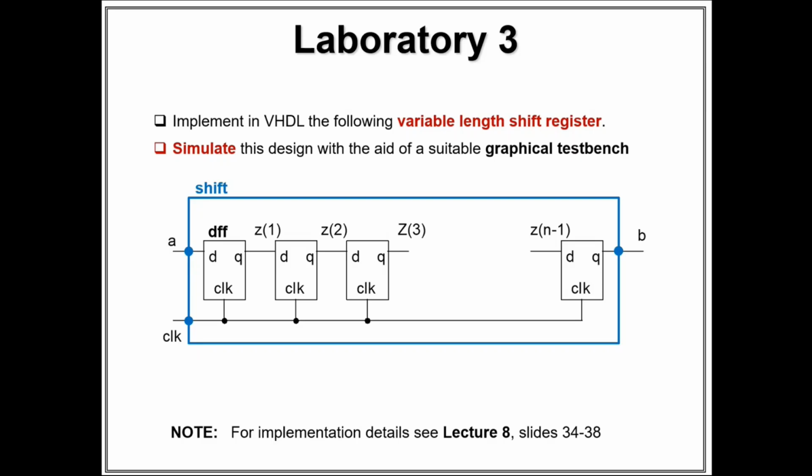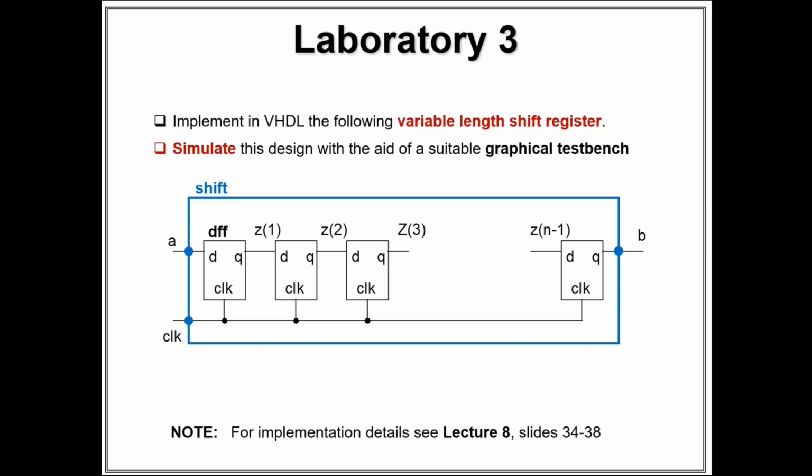So again, from the implementation side, what we've done in lecture 8 already would be captured in 2 source files. You will have one source file called DFF, which implements the code for a D-type flip-flop.